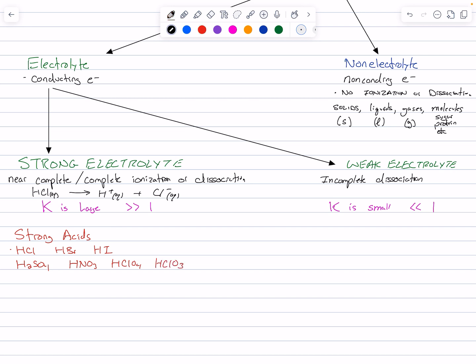Those are our strong acids. Note with sulfuric acid, only the first H is strong, not the rest of them. Then we have weak acids, and this will be all others, unless told.